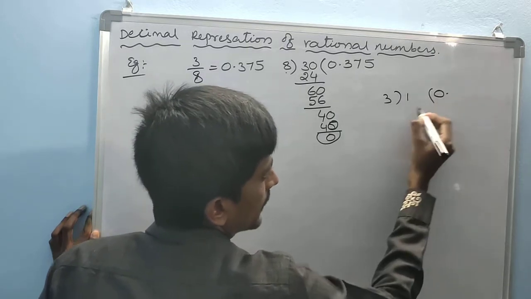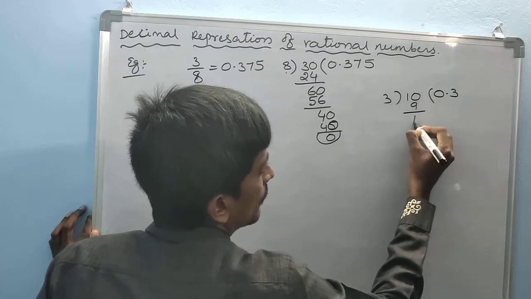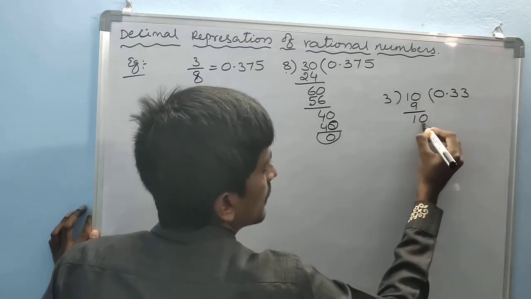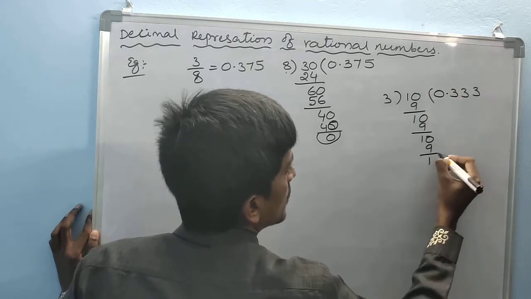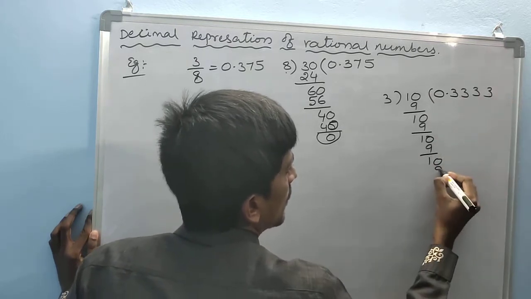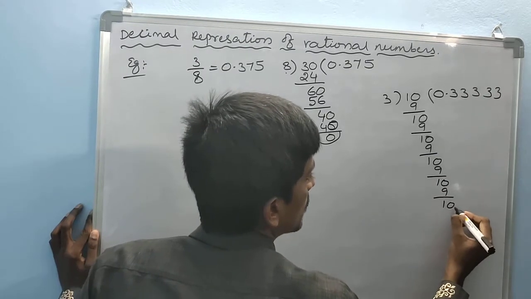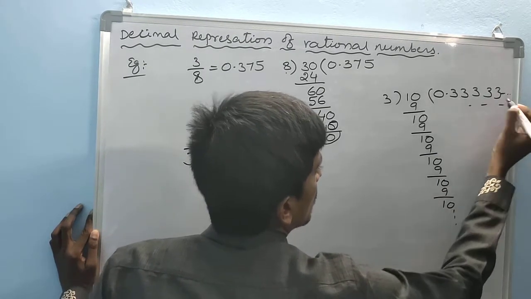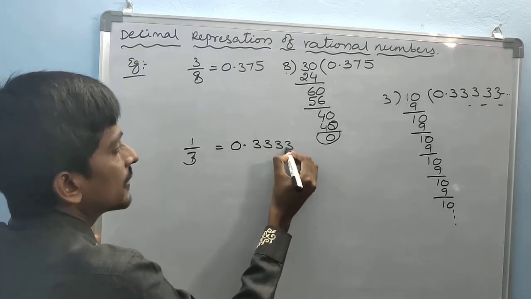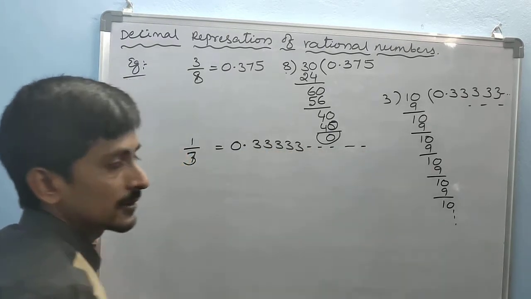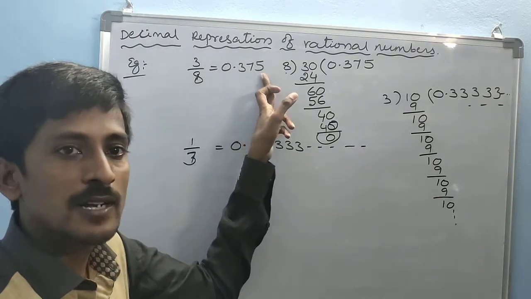So, 0.0. 3 times 9, 1 0. 3 times 9, 1 0. So 0.3333 and so on. This is also decimal form.